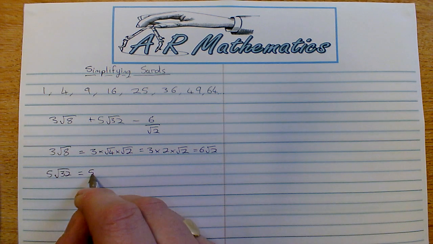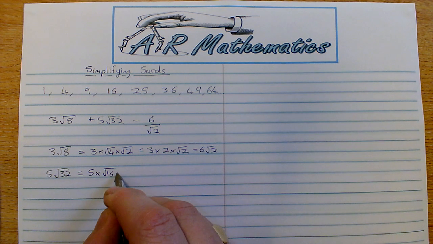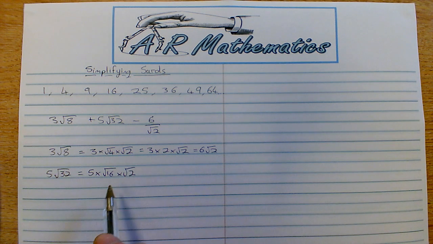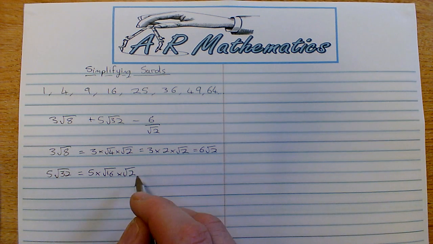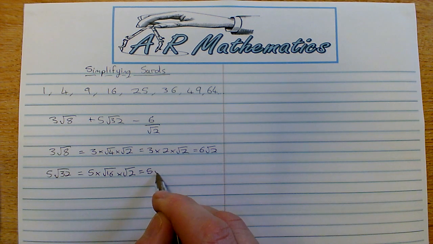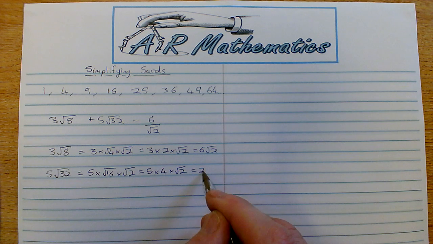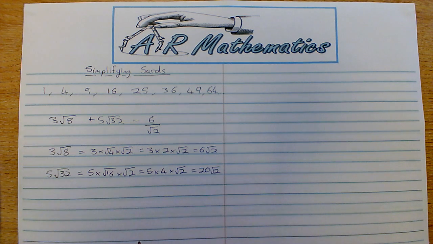So we can write this as 5 times root 16 multiplied by root 2. Again, 16 times 2 is 32. But because we know the square root of 16 is 4, this is 5 times 4 times root 2, which is 20 root 2. And then the third term, which is 6 over root 2.